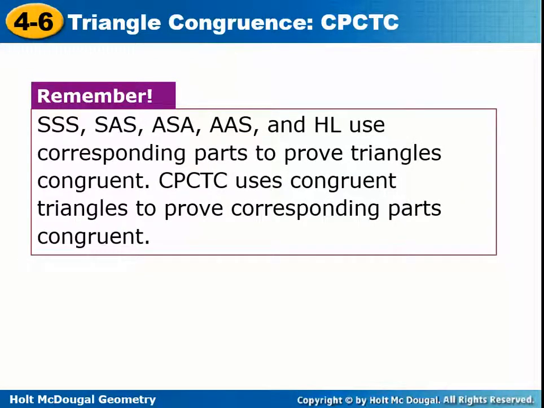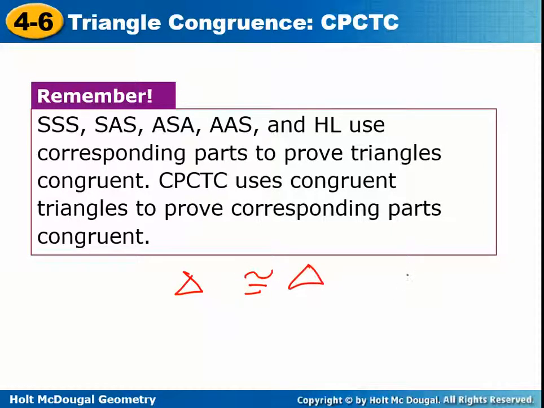Here's all of the ways that we use to prove that triangles are congruent. And then after you're done with that, then you can show that corresponding parts are congruent with CPCTC. So CPCTC is always used after you say that 2 triangles are congruent.